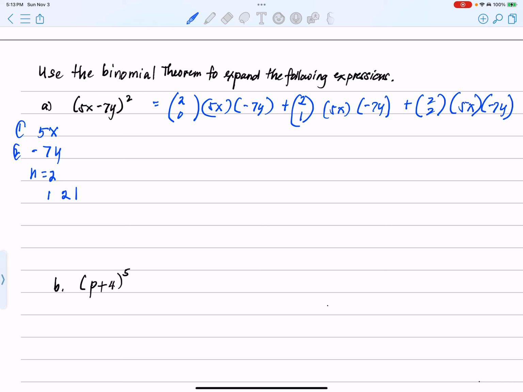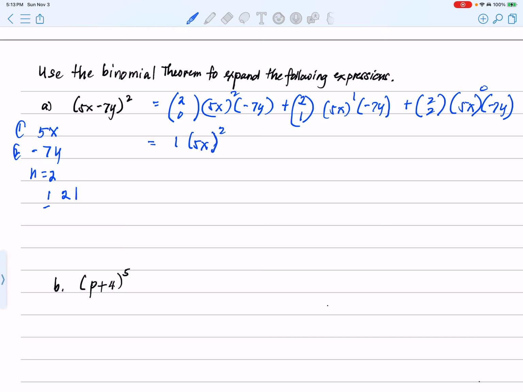Okay, I want to do it in the fast way. So I have 1, 2, 1. So 2 choose 0 term, that's 1. But my 5x should have a 2 minus 0. Start from 2. So this will be 2, 1, 0.